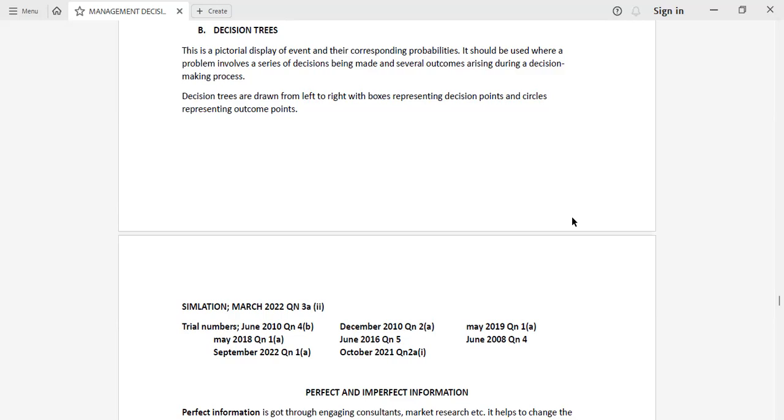Because if you draw a box and you provide the key to someone who doesn't have the mathematical ideas, he can also follow those boxes, and he knows that when I see a box, I'm seeing a decision point. When I see any circle, I'm seeing an outcome point. The person can follow that and understand it very well, better than using the mathematical approach, because the other mathematical approach involves getting formulas.